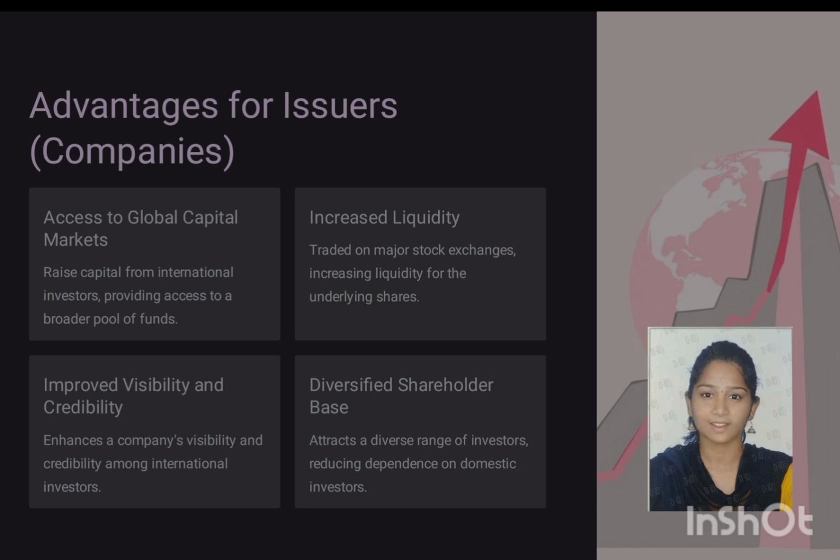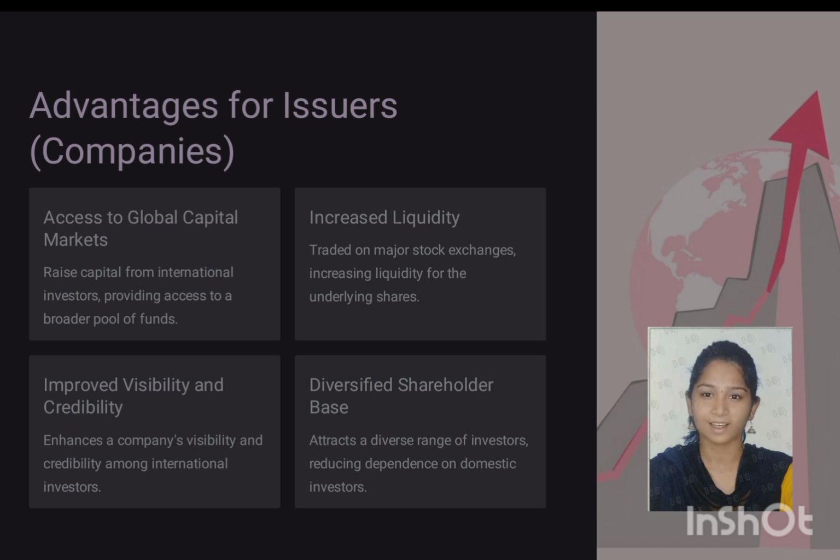Second point is increased liquidity, whereas the GDRs are traded in the major stock exchanges where the shares have higher liquidity options. So it will be easier for the investors to buy and sell them.